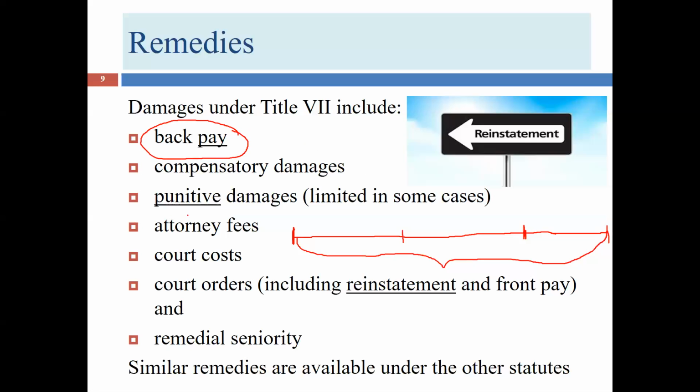Another thing that's almost always available would be attorney's fees, and this is of course for the victor. If the plaintiff is successful and persuades the jury that he or she was a victim of discrimination, he will be entitled to his attorney's fees. The awarding of attorney's fees is a fairly unusual thing under American law. Usually both the winner and the loser pay their own legal bills.